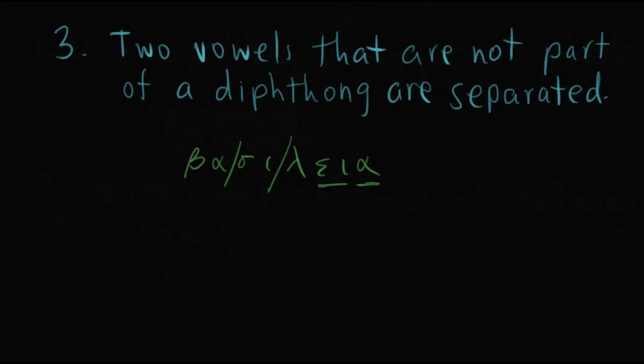This is just an independent vowel. And you may say that iota and alpha are a diphthong, but you have to remember that it's actually alpha and iota. So it's not in this order, but in the other order. So it actually divides right over here. So that's the third rule. So if you have two vowels that are not part of a diphthong, like these two letters here, then you have to divide them.